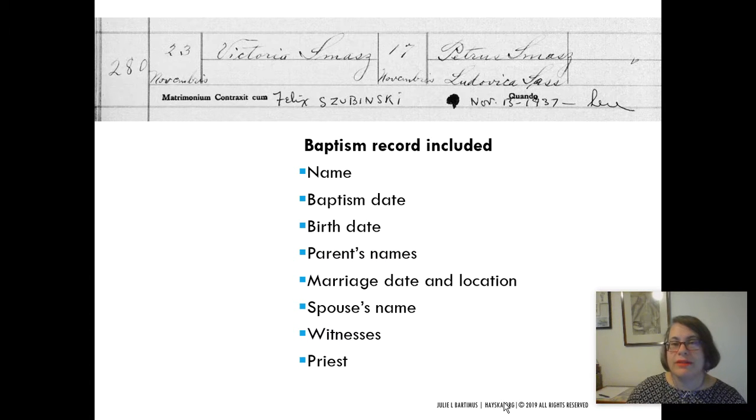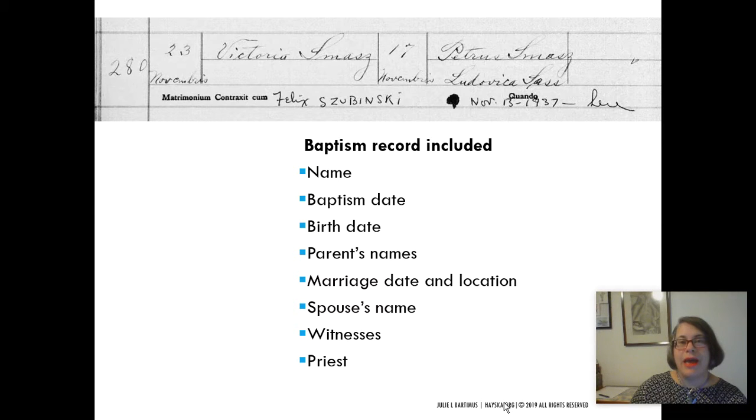Because she married in the same church that she was baptized in, the husband's name is included. So even if there were tons of people with that surname out there, this would help me narrow it down to my grandmother and my grandfather.